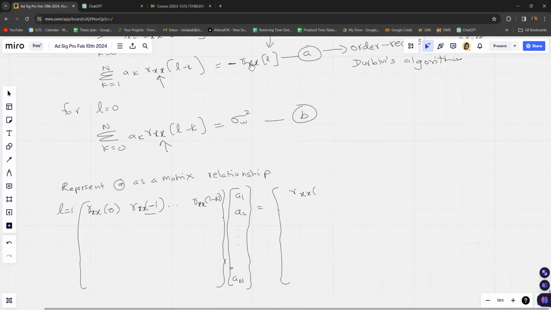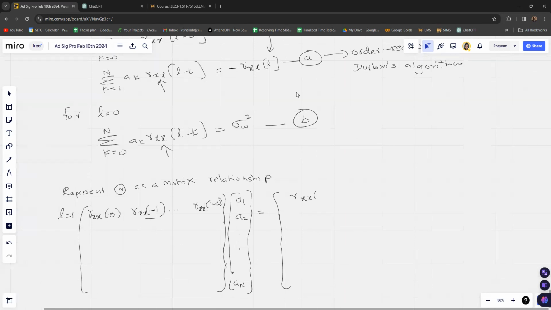This is equal to Rxx 1, right? Similarly, this is going to be Rxx 2, likewise up to Rxx n.